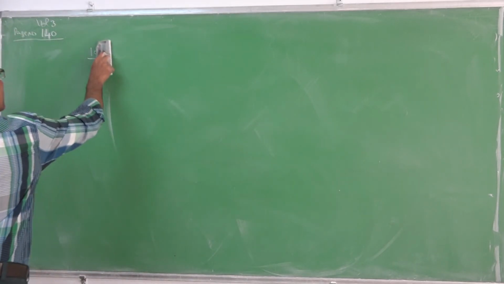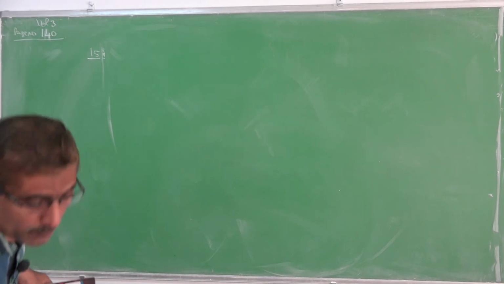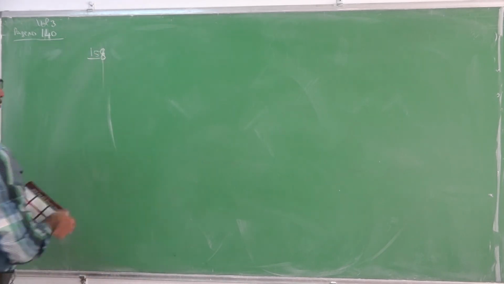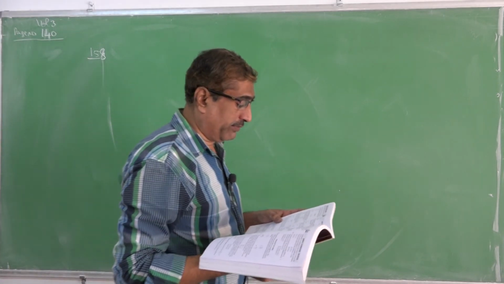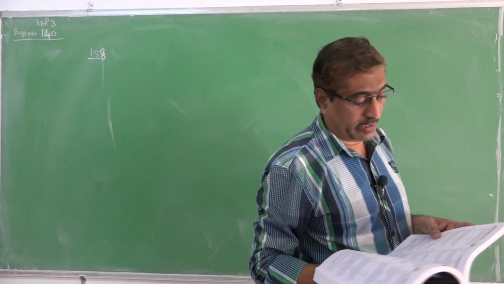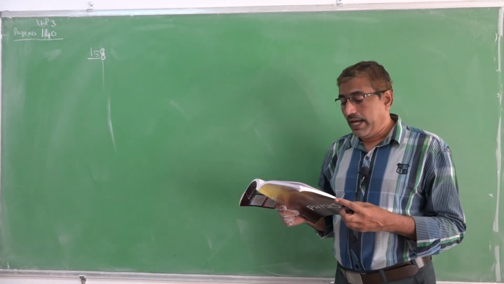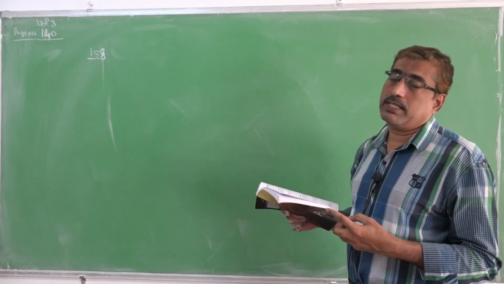158. The average kinetic energy in one time period of a simple harmonic oscillator whose amplitude is A, angular velocity omega and mass m.